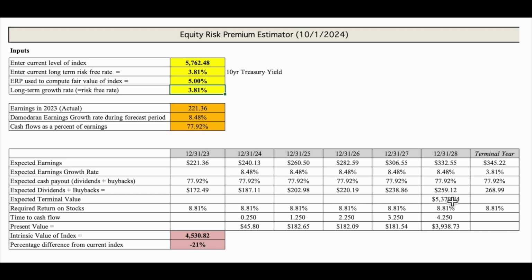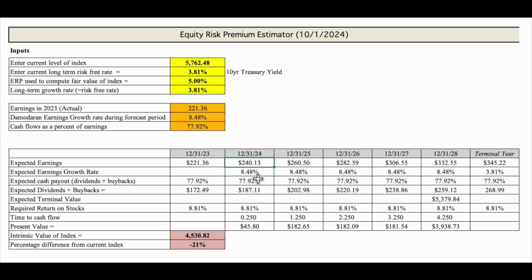That allows us to compute the so-called terminal value in the fifth year of those continuing cash flows. And that's this number, 5379482.